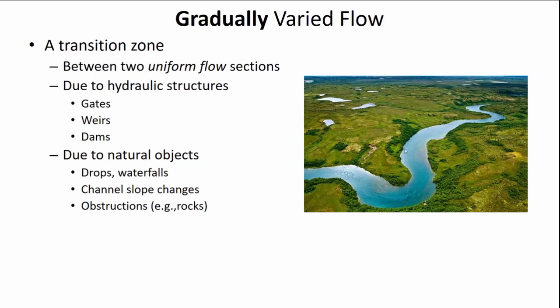There are lots of things that can cause these irregularities, but by gradually varying flow, we mean anything other than a hydraulic jump or water flowing over the edge of a waterfall. Those are the two instances where the depth of flow varies rapidly. So rapidly varying flow, RVF, is the hydraulic jump, where it's increasing its depth really quickly, or if water is approaching a drop-off, then it decreases really rapidly.